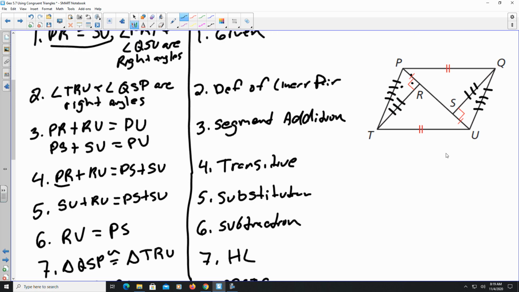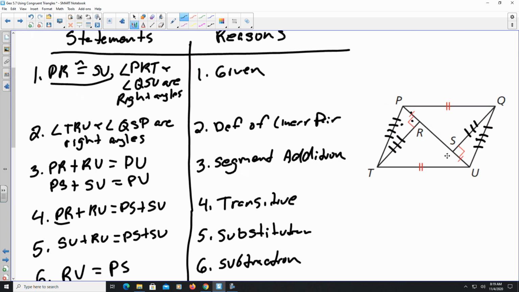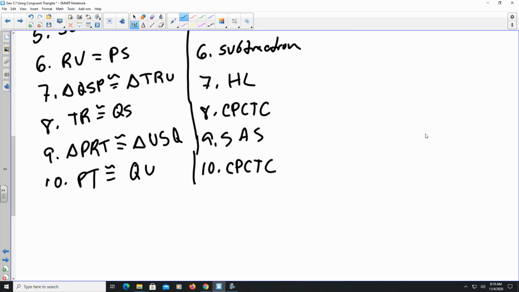Now I have most of the information I need. Now I can say that these two are reflexive. So part 11 here is PU is congruent to PU because of the reflexive property.